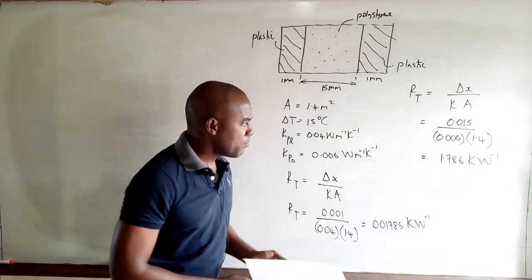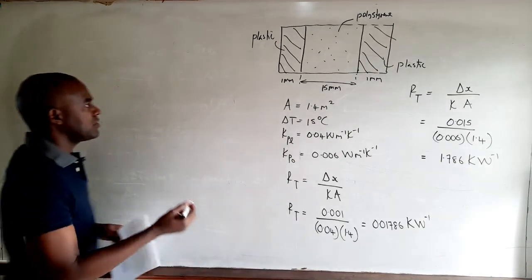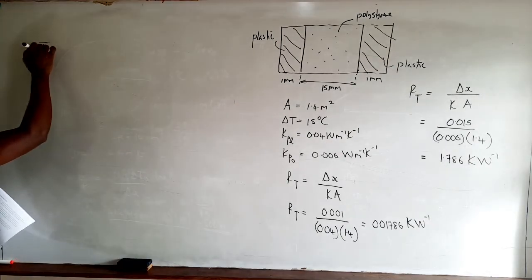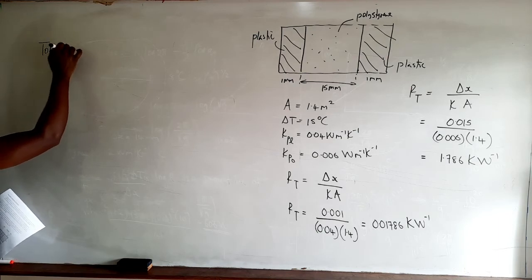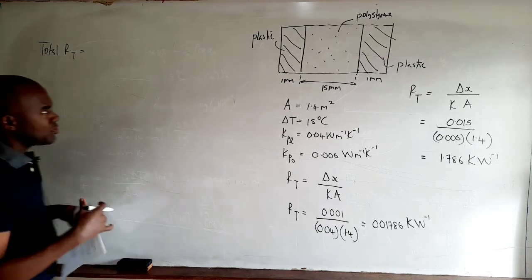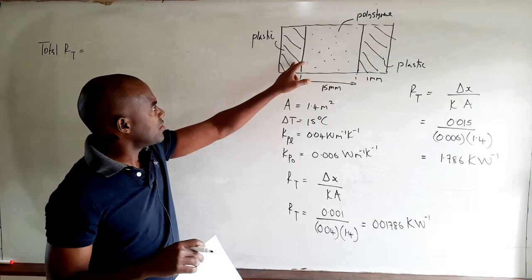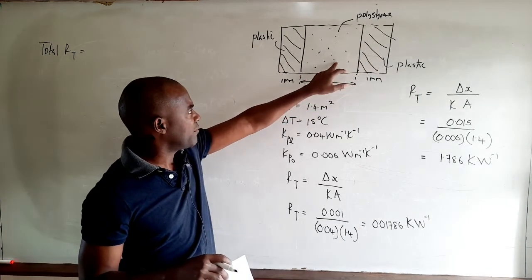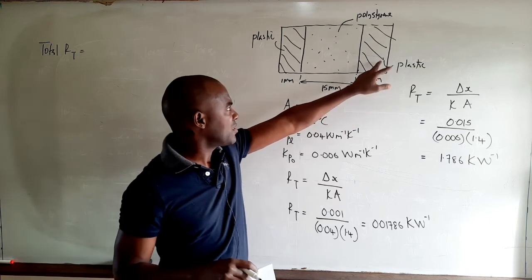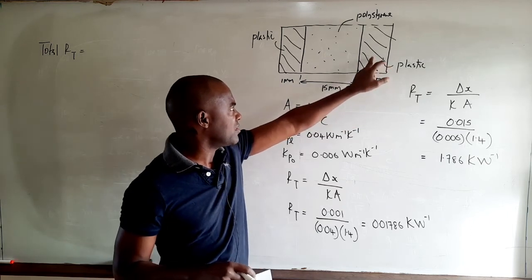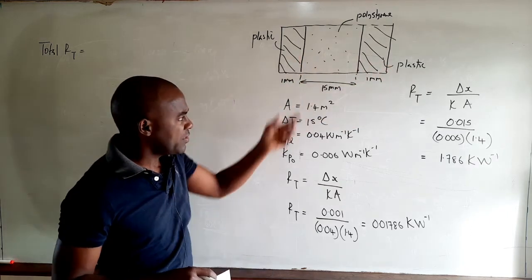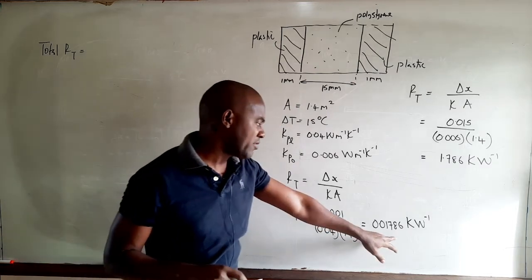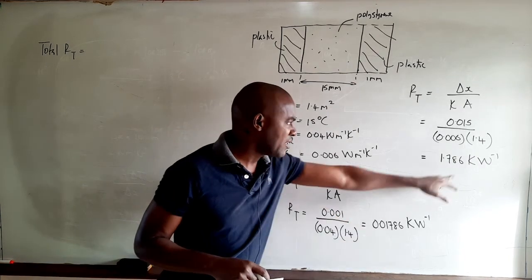So the total thermal resistance would be equal to the thermal resistance of this layer of plastic plus the thermal resistance of this layer of polystyrene plus the thermal resistance of this layer of plastic. But since the layers of plastic are identical, we'll simply multiply the thermal resistance of one layer by 2 and then add it to that.